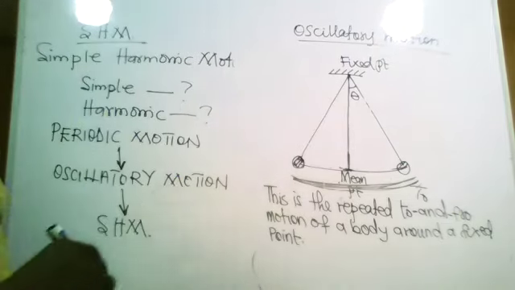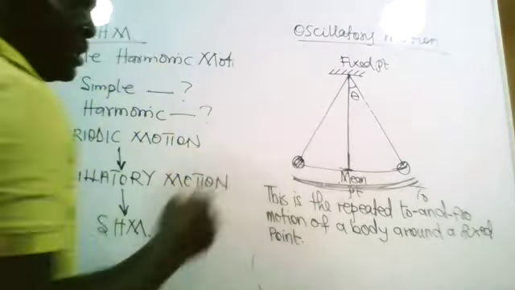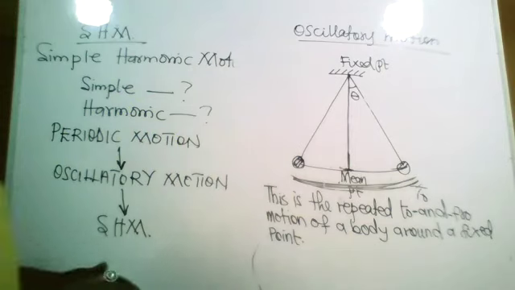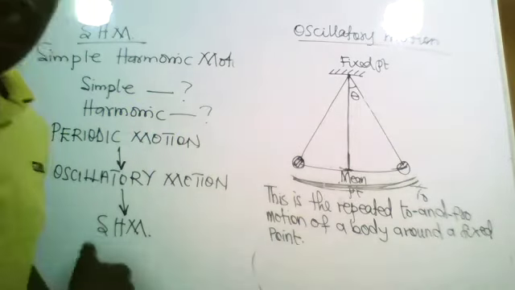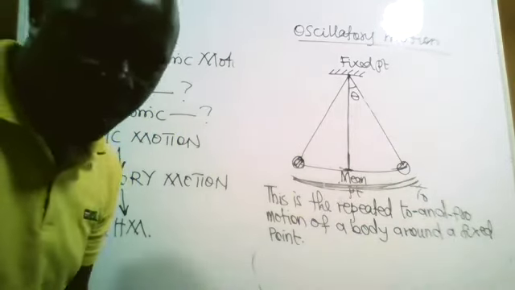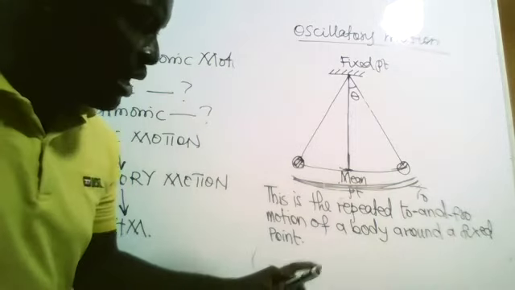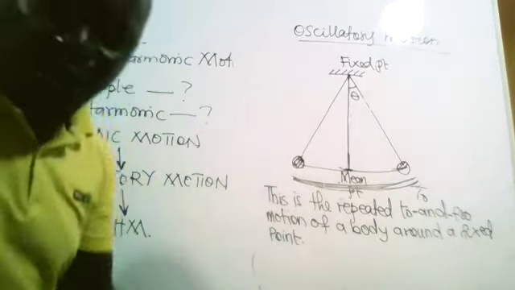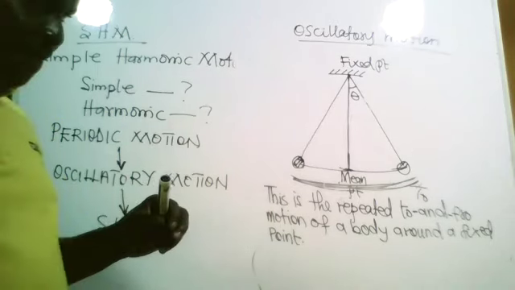And the fixed point is the mean point. So this repeated to and fro motion of the body must take place around a fixed point.